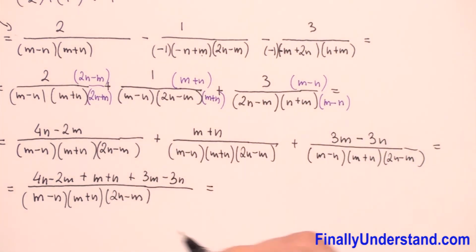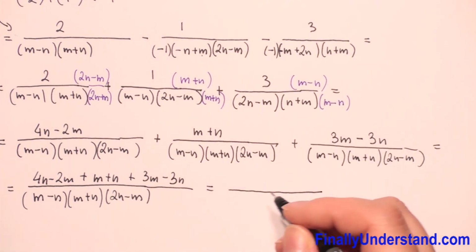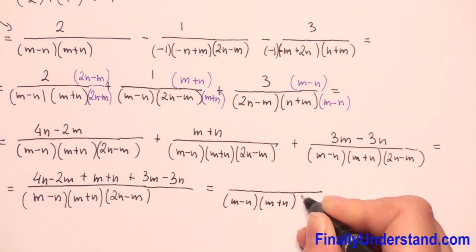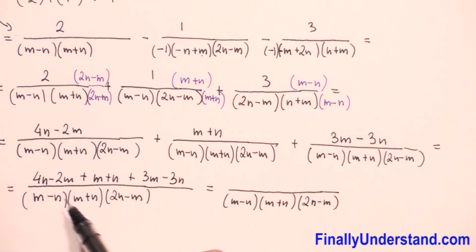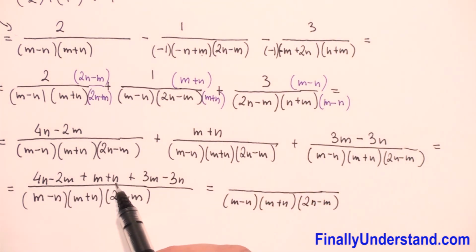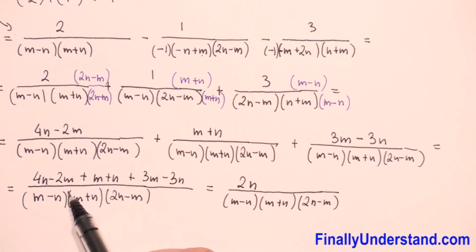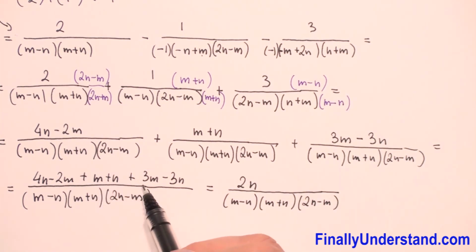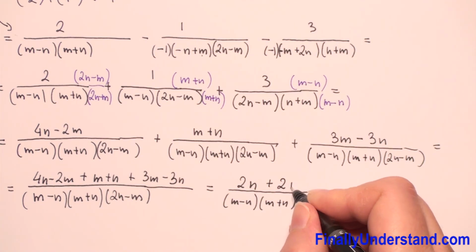Now we have to combine the like terms in the numerator. For n we have 5n and negative 3n, so it will be 2n, and we have negative 2m, positive 3m, so it will be positive m.